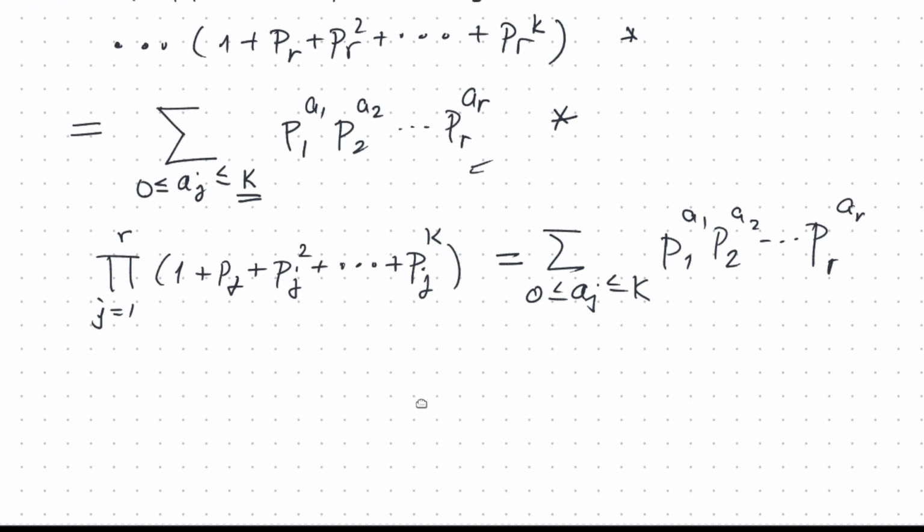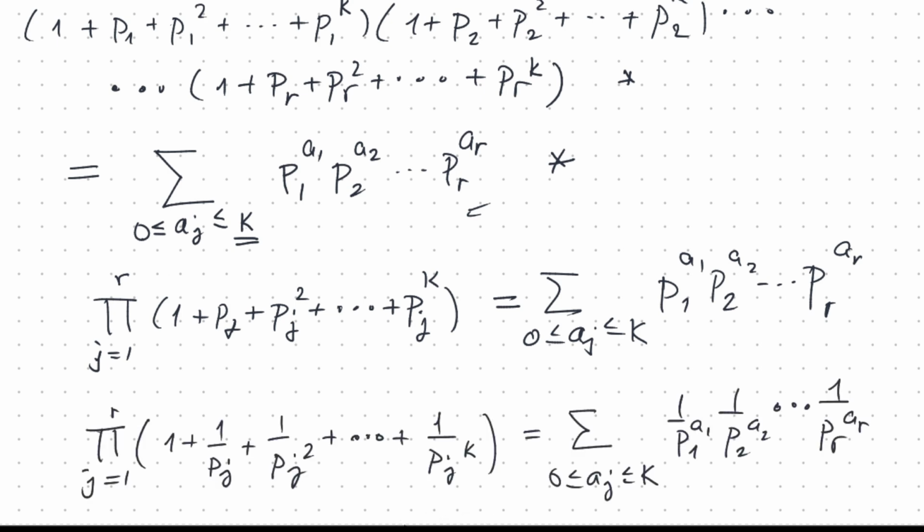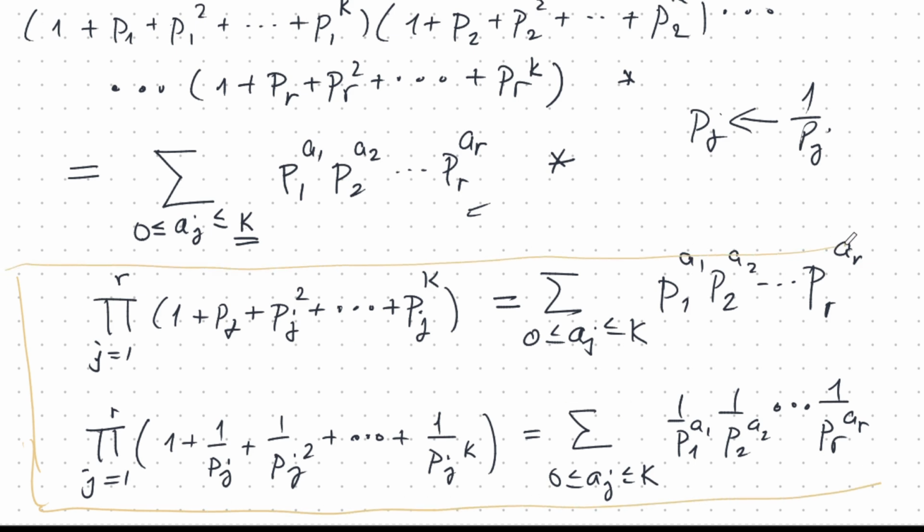And I think if you look at this carefully, the following is also true. If I replace every pj with its reciprocal, so I replace pj with 1 over pj, I get this over here, and this second one here is equally true as the first one. I'm sure you could see that.